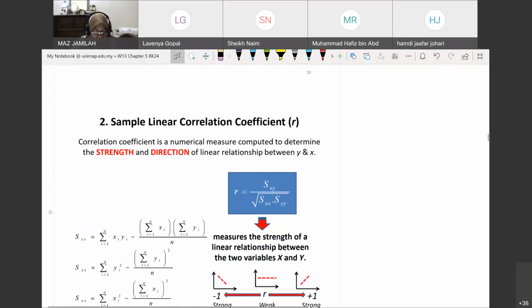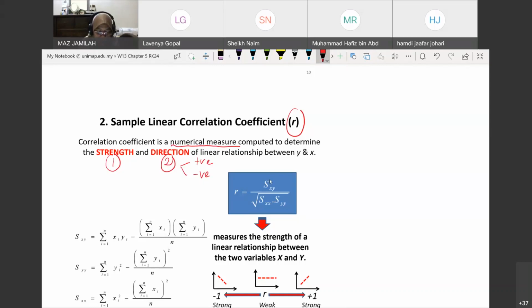Now, in addition to the scatter plot, you can also have the sample linear correlation coefficient, sometimes written as R, to represent the linear correlation. What is the linear correlation coefficient? It is a numerical measure computed to determine the strength, and the second one is the direction, meaning positive or negative.